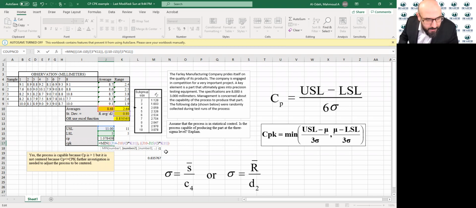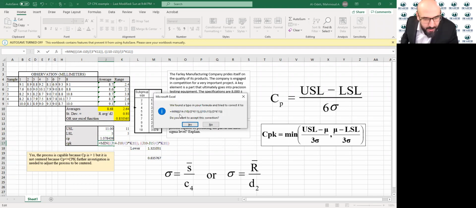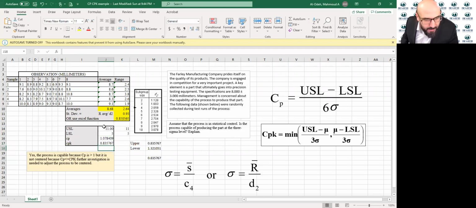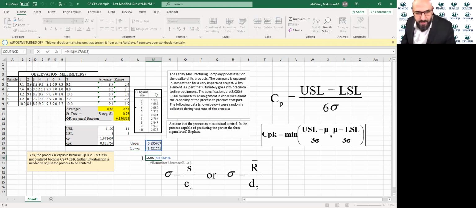All right, now I think it's good. Perfect, now we have the same answer. I would rather use a separate cell for the upper bound and the lower bound, and select the minimum between both of them, and that would give you the CPK.